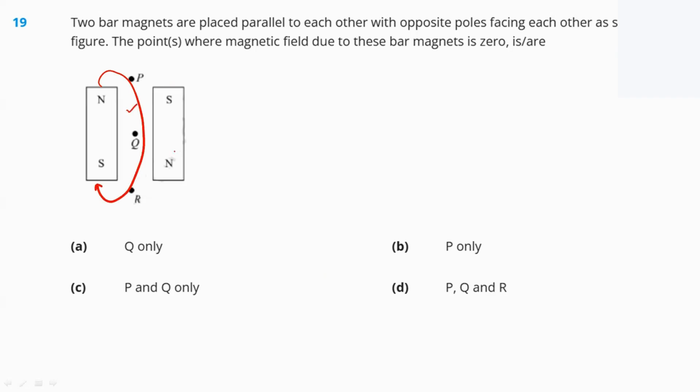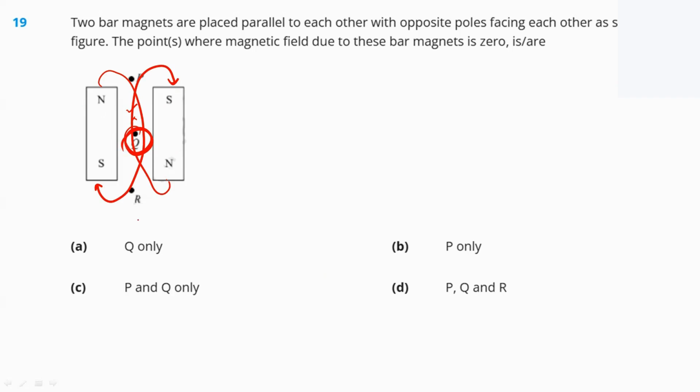And in this one, it will be from north pole to south pole, that is here. Okay, in this manner. So if you look at this point, the Q point, the magnetic field of both the bar magnets would be cancelling out each other, right?